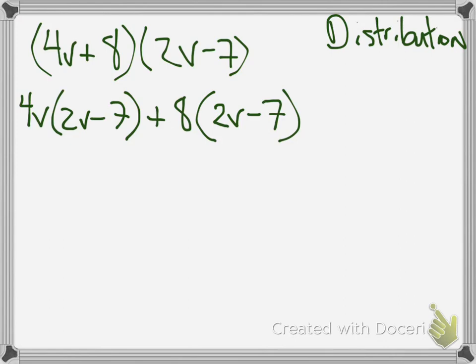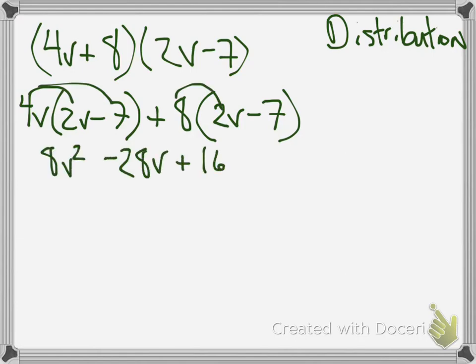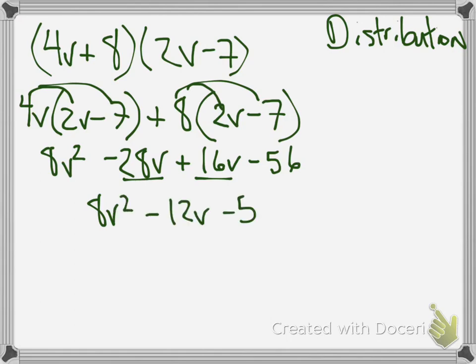So I multiply the 4v times the 2v minus 7, and then the 8 times the 2v minus 7. 8v squared, and you can see how they multiply. Then you combine the two numbers in the middle, and that's where I get the 12v. So, same example, different ordering, but I get the same answer. That's the distribution method.